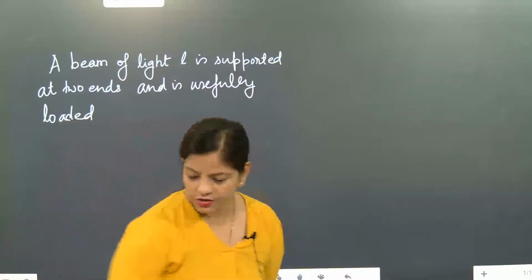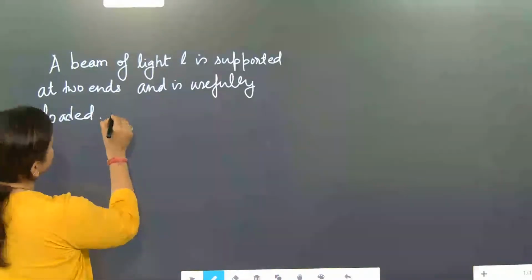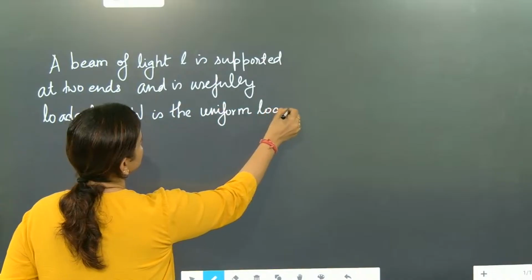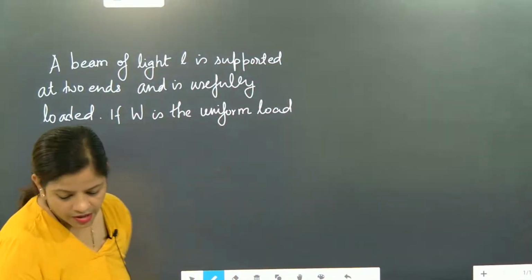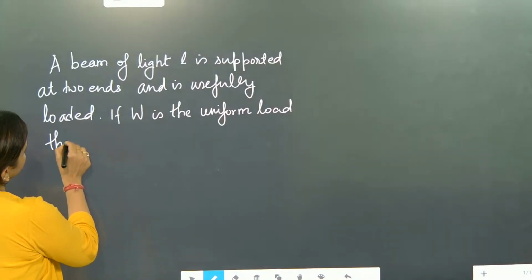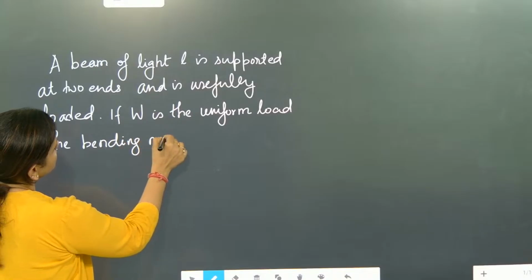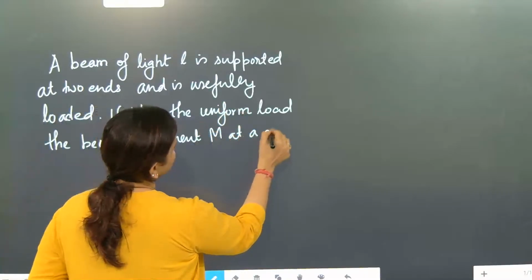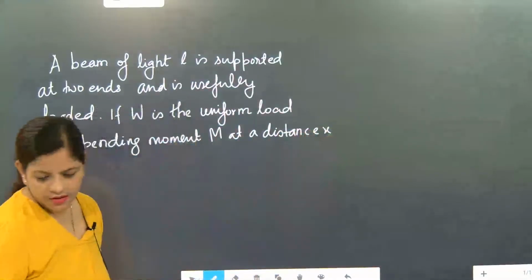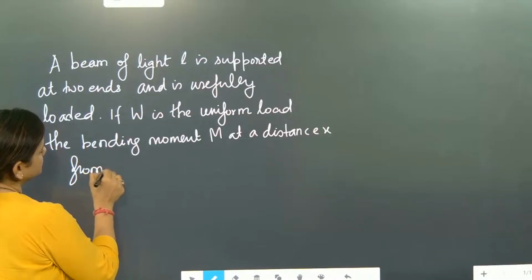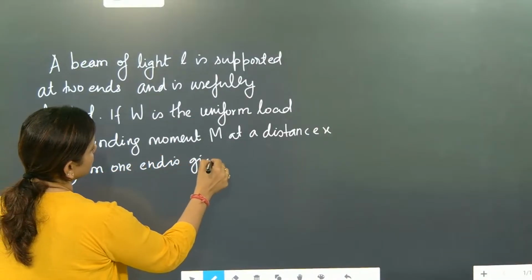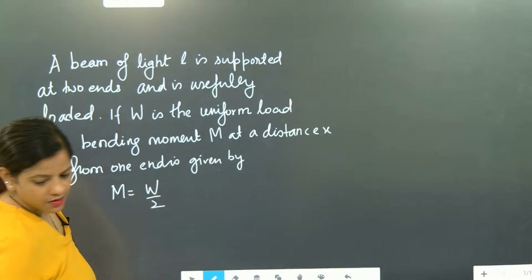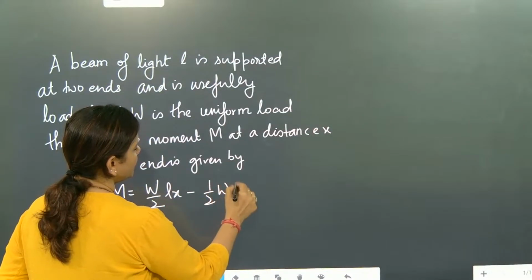After that, note down, if W is the uniform load, the bending moment M at a distance x from one end is given by M is equal to W by 2 Lx minus 1 by 2 Wx square.